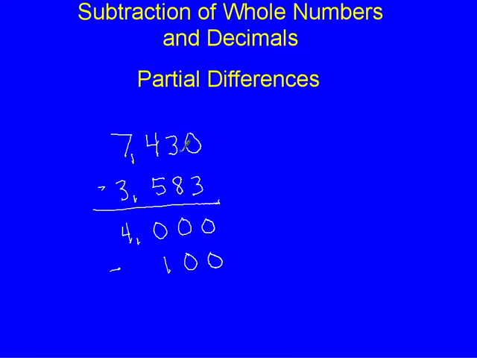Then the tens, 3 tens or 30 minus 8 tens or 80 is negative 5 tens or negative 50. Then we go up to the ones place. 0 ones minus 3 ones is negative 3.